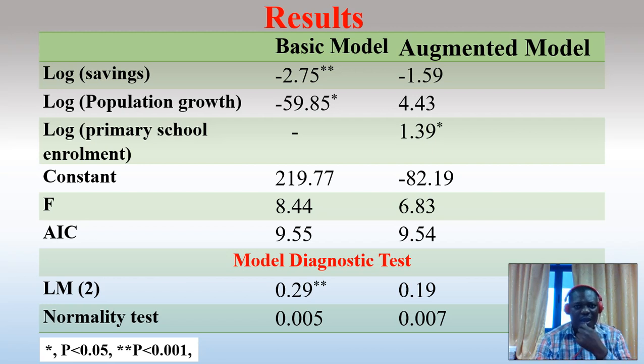So, in the augmented model, where we introduce human capital, measured by enrollment in primary school, we can also see a positive relationship, as explained earlier in the literature, that when there is population growth, that population growth will actually provide for human capital.